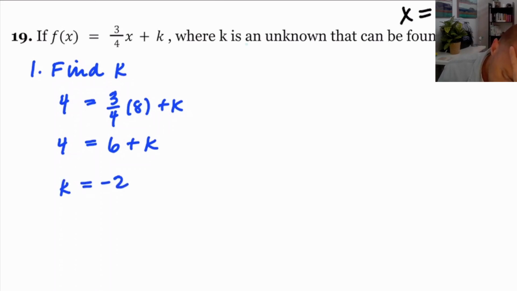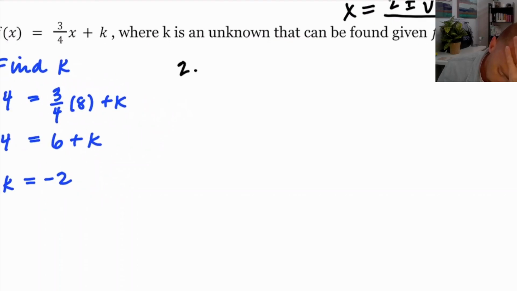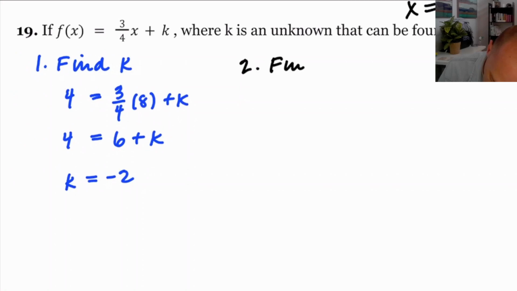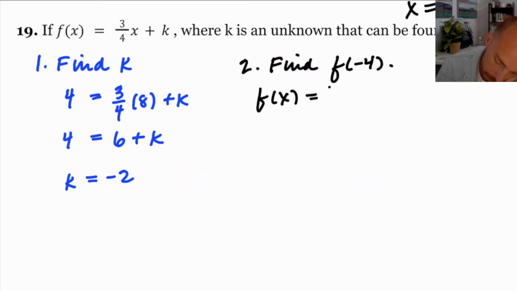All right, and then step 2 will be find what they asked for, f of negative 4. So we know that f of x is 3/4 of x plus this k number, which we found out was negative 2.